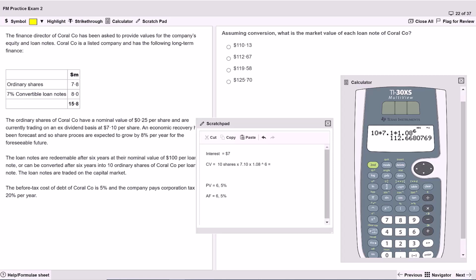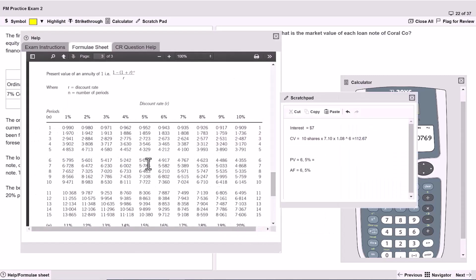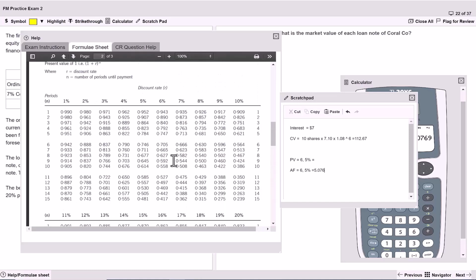So it's 112.67. Now I need my present value factors and my annuity factors from my tables. So 6 years at 5% is 5.076 for my annuity factor. And for my present value factor, 5% and 6 years is 0.746.